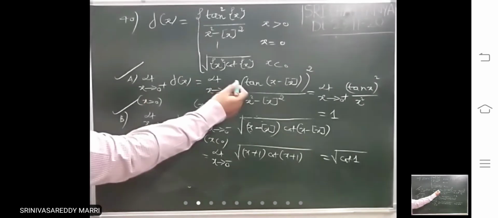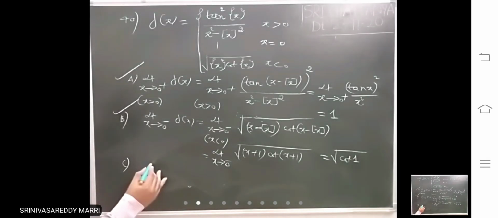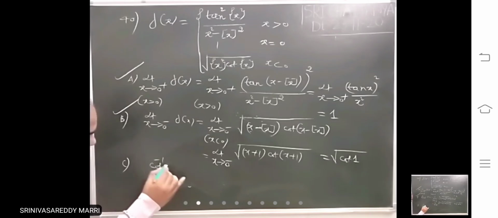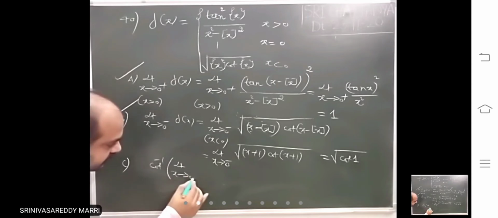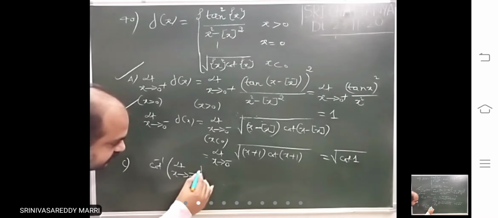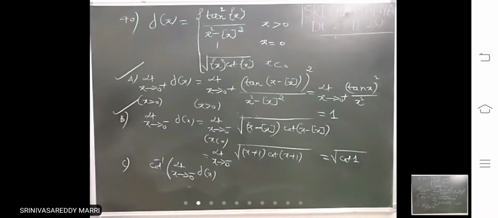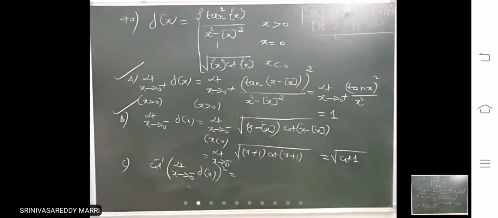Simple one only: the fractional part of x, you have to write x minus [x], then substitute the definition of step x. C option is cot inverse, limit x tends to 0 minus f of x whole square.